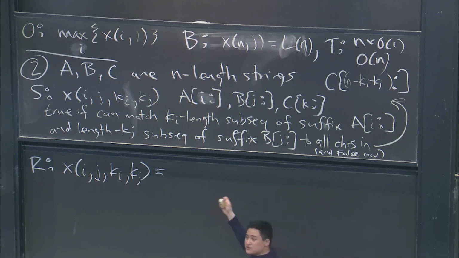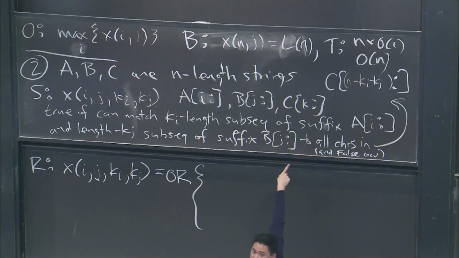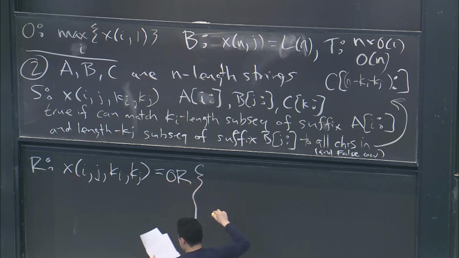I want to combine a bunch of them. I just want to see if any of them are true. I'm going to OR over them. Okay? And I'm going to OR over 4 choices. Okay? What are my choices? Either the first thing in A matches with C, the first thing in B matches with C, or I don't match with either, right? So those are my 4 choices.